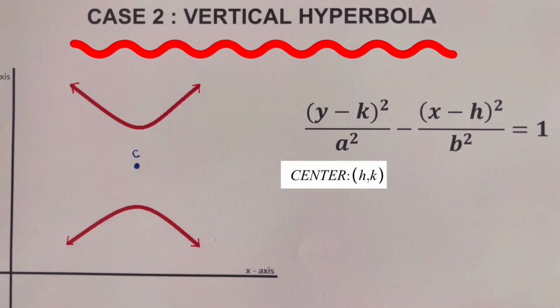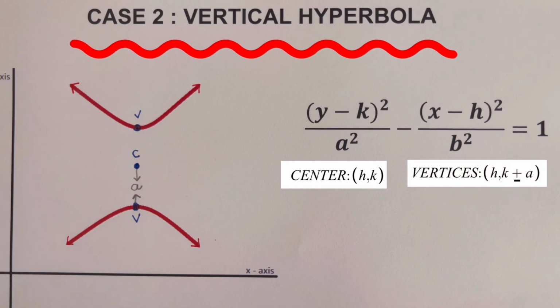Now let's draw the two vertices of this hyperbola. These are the two vertices of this hyperbola. Now we remember that the distance from the center to the vertex is a. This tells us that the coordinates for the two vertices of this vertical hyperbola are (h, k plus or minus a).